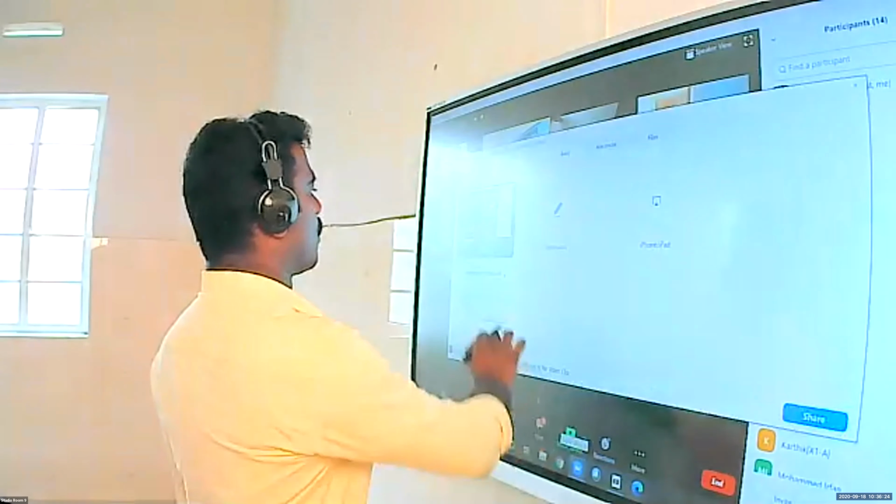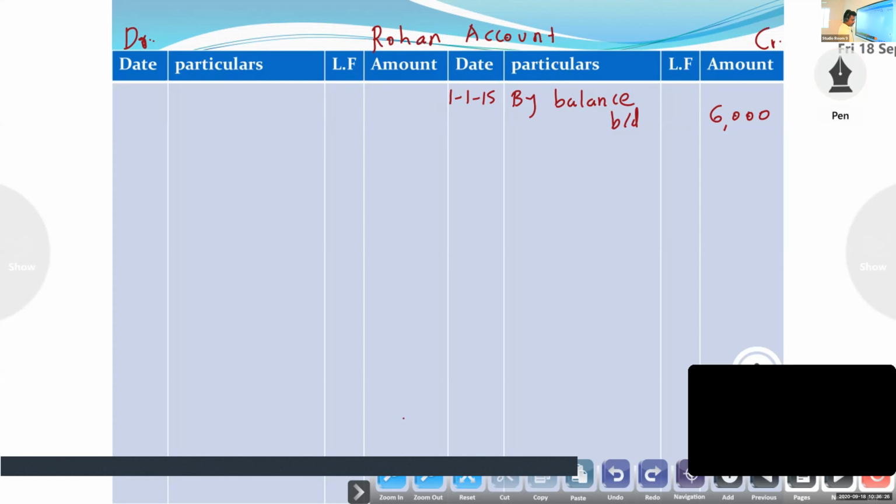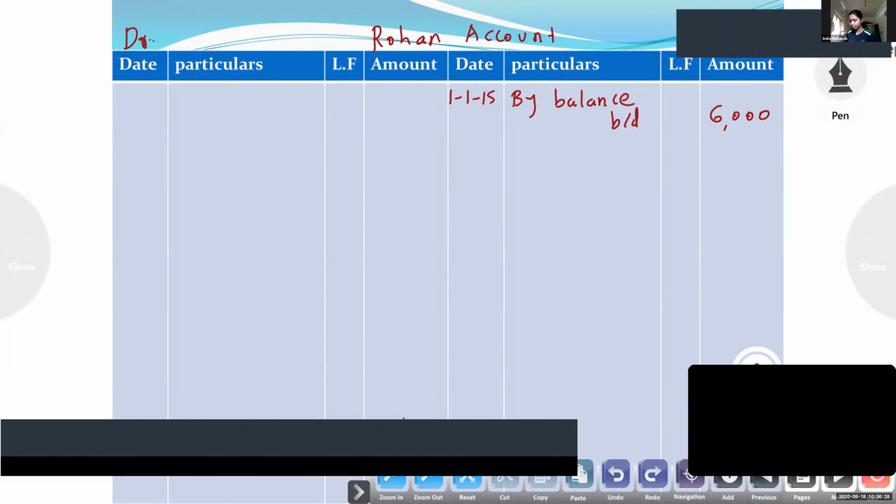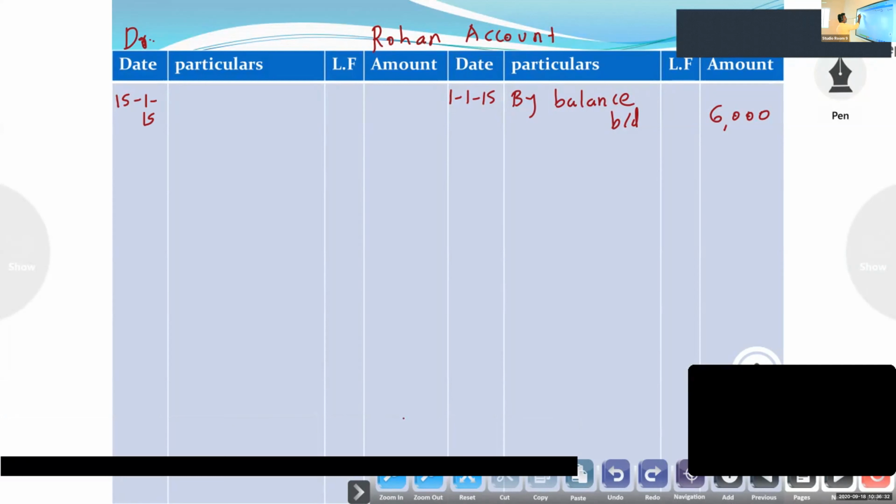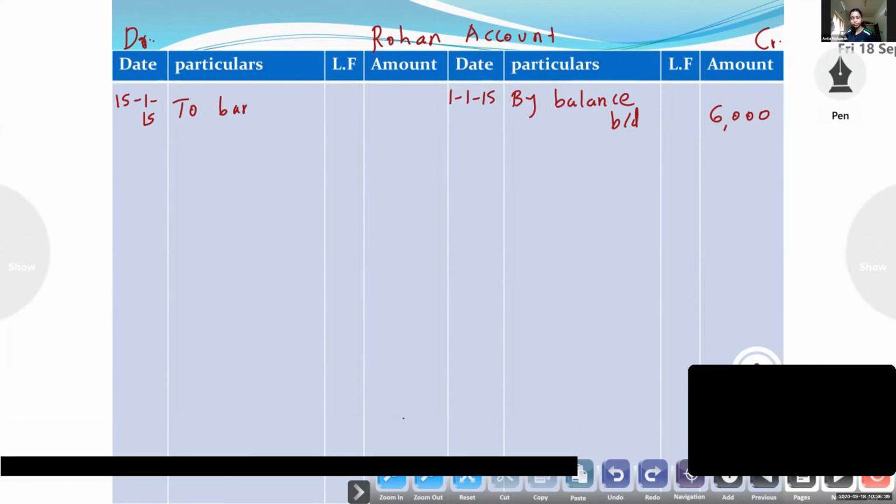So in Rohan account, which side? Debit side. Yes, debit side. What do I write? To bank account. Correct. To bank account. Amount will be 6,000.